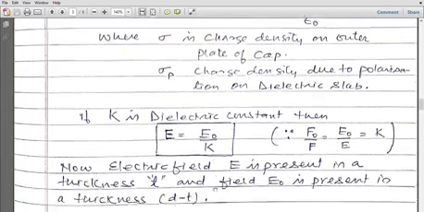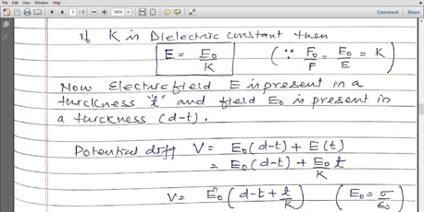Okay, so we can say electric field E is present in a thickness t and electric field E0 is present in a thickness d minus t. So what is total potential difference? E0 multiplied by d minus t and E multiplied by t. Substitute the value of E here.